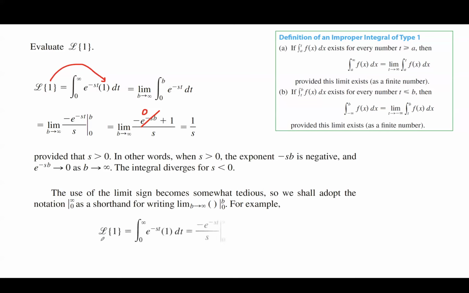For example, the Laplace transformation of 1 is the improper integral from 0 to infinity of e to power negative st times 1 dt, which in short form is negative e to power negative st divided by s, as t ranges between 0 and infinity, which is 1 over s. And please note that we impose that s is positive, otherwise this is going to be a divergent integral.